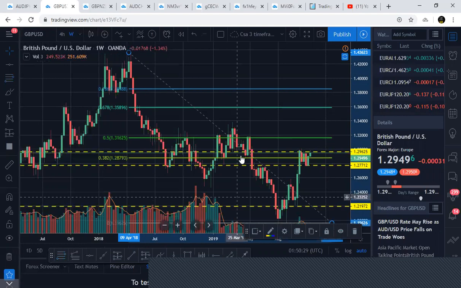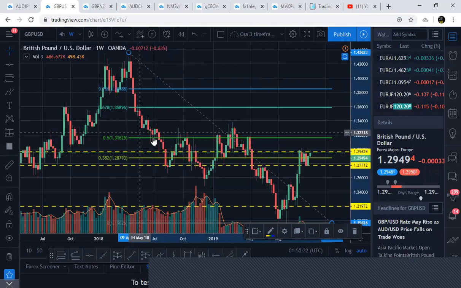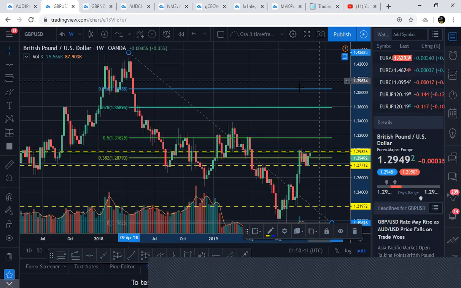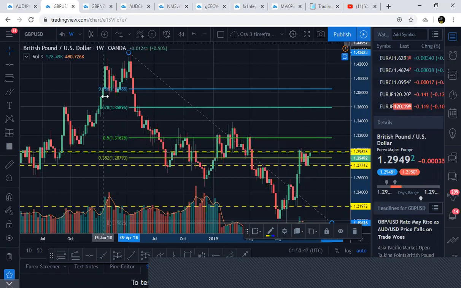Based on this, we're between the 38.2 and the 50. Typically, if it breaks the 50, it's going to be considered a reversal, and price should continue more to the upside. We could move up here and reject down. So this is just giving us placement of where we're at in the market.